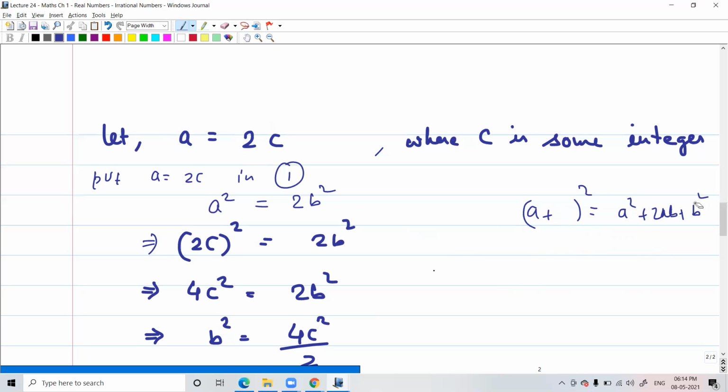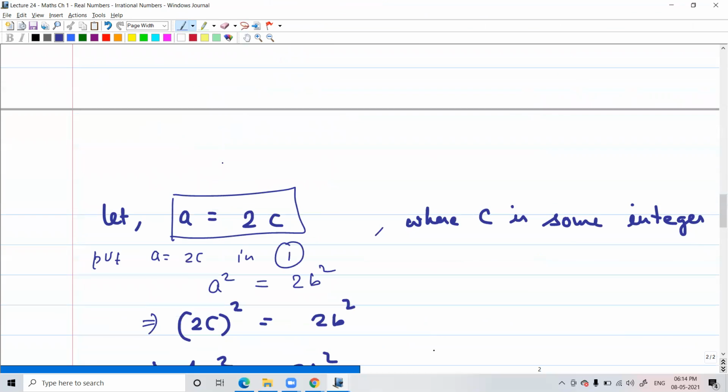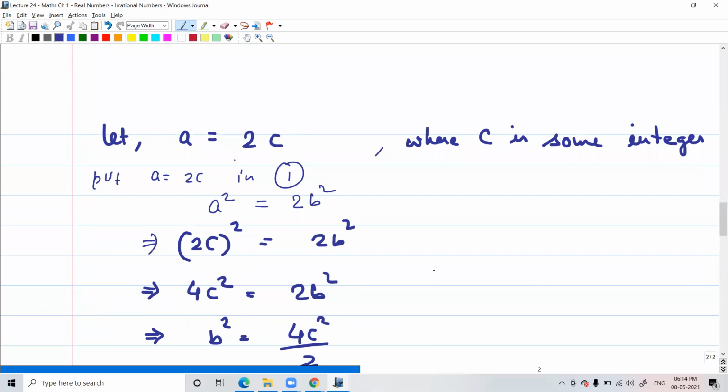Since we got lost a little bit, let's get back to the thing. We said that previously we proved that a is an even number, that is, a is divisible by 2. That is why we have written a is equal to 2c, where c is some integer. Then we put this value a is equal to 2c into the first equation.